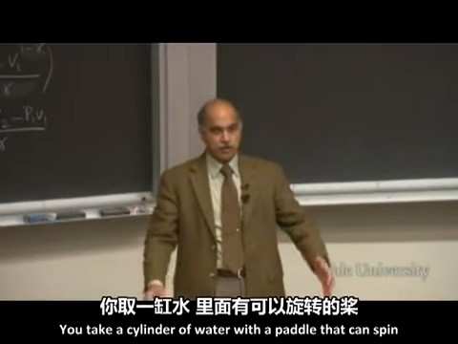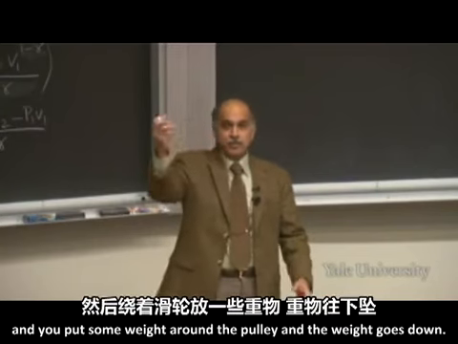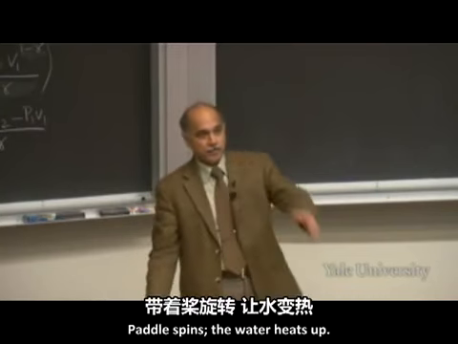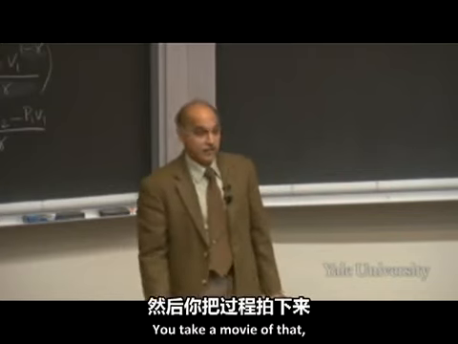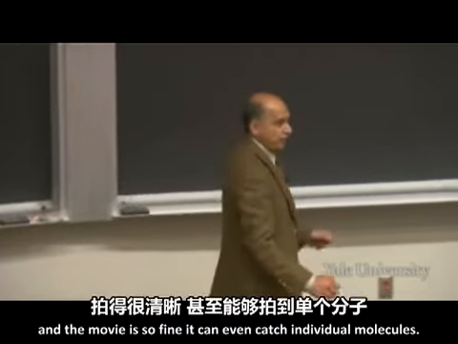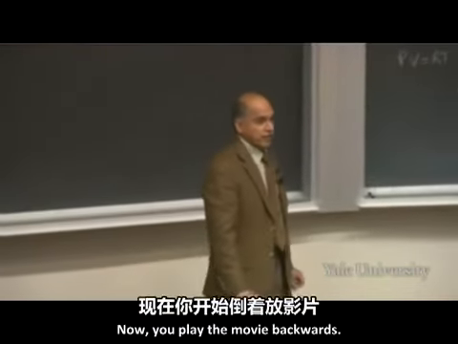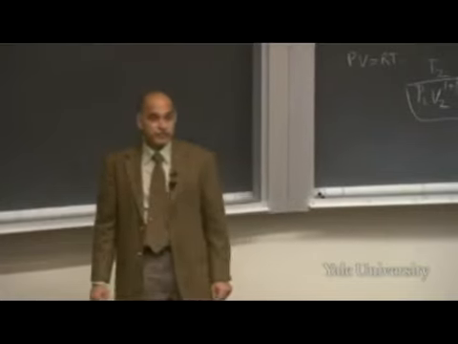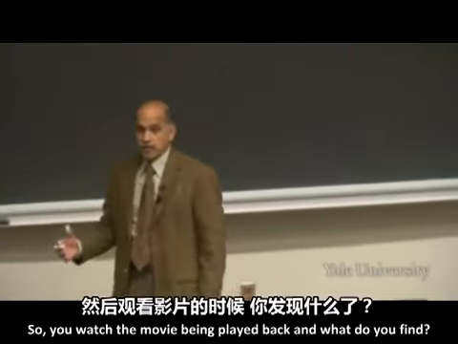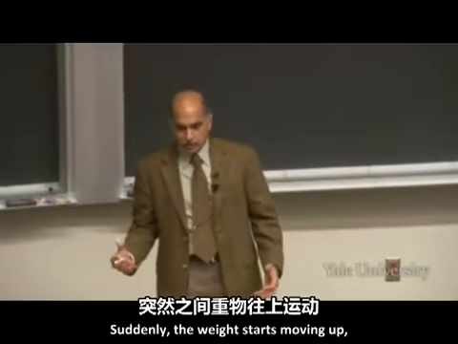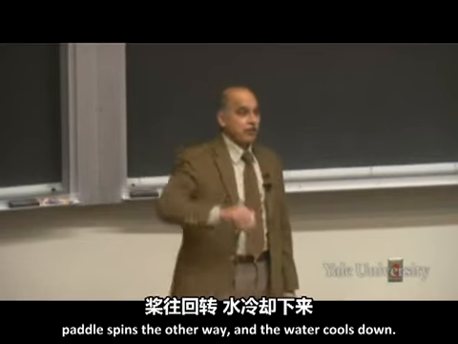You take a cylinder of water with a paddle that can spin, and you put some weight around the pulley, and the weight goes down, the paddle spins, and the water heats up. You take a movie of that, and the movie is so fine it can even catch individual molecules. Now you play the movie backwards. You watch the movie being played back, and what do you find? Suddenly, the weight starts moving up, the paddle spins the other way, and the water cools down.